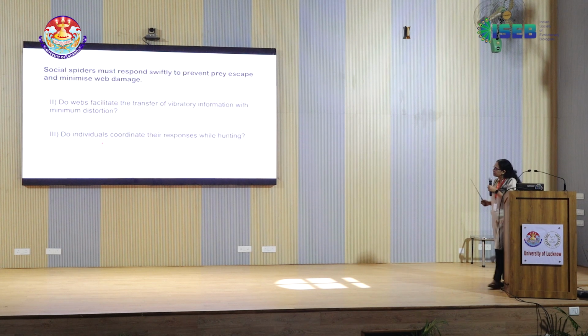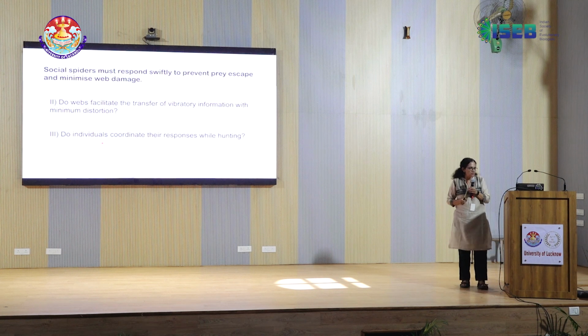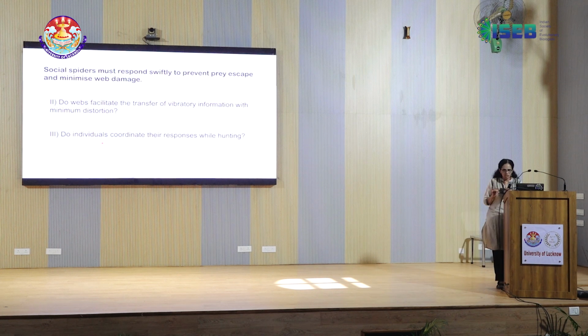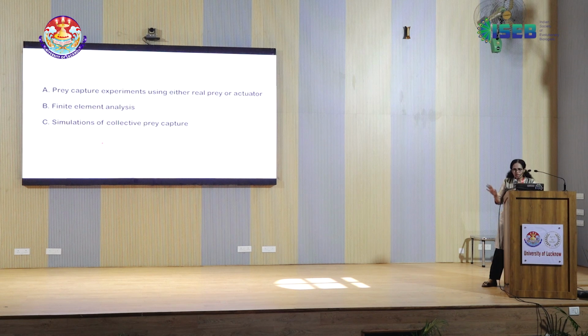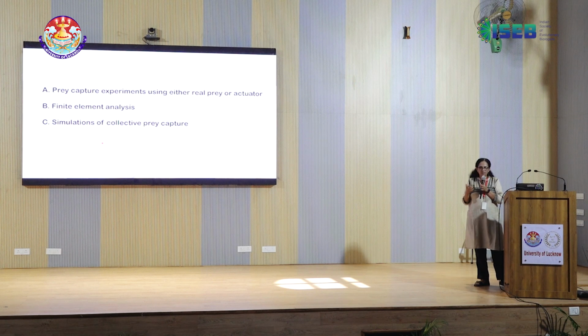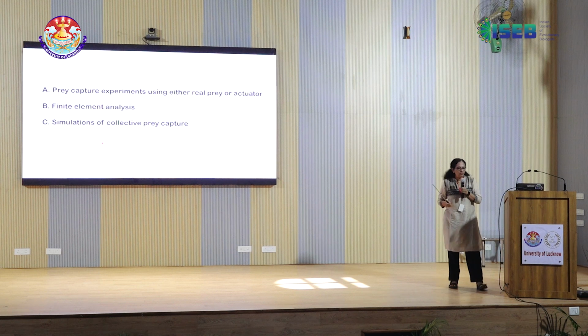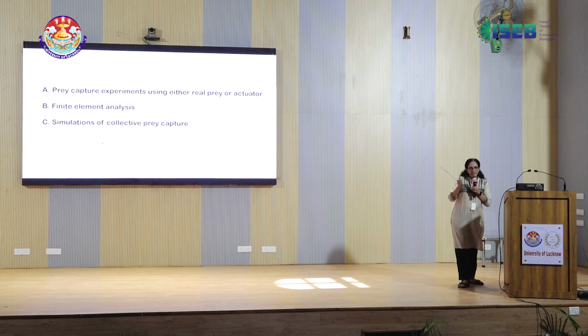So next we looked at two questions. One is whether the webs facilitate the transfer of vibratory information with minimum distortion, and next, do the spiders actually coordinate their responses during hunting? So orb webs, as you know, are very well studied from these two aspects, but not the social spider webs. So we used 3 approaches. The first is to use actual prey capture experiments where we used real prey, or we used a vibrating actuator, which was actually home built at APU by a physics faculty.